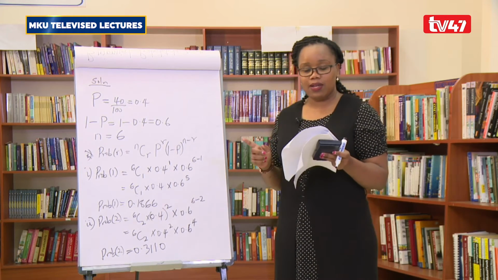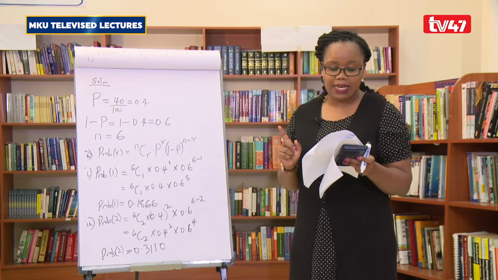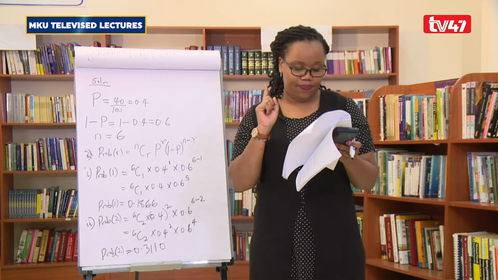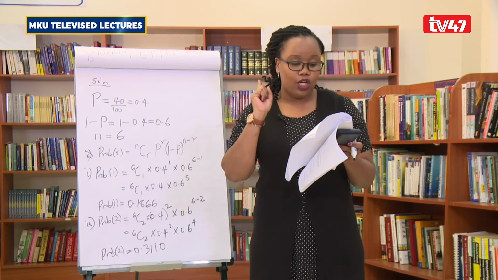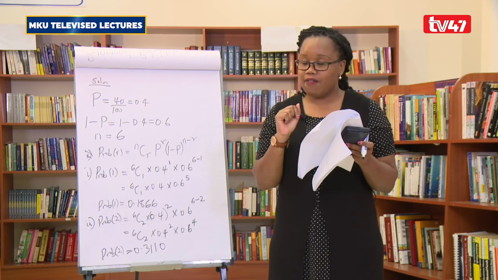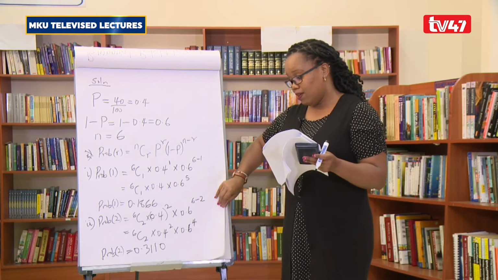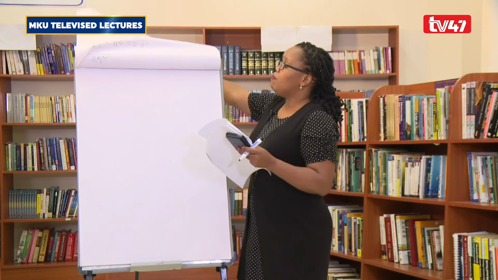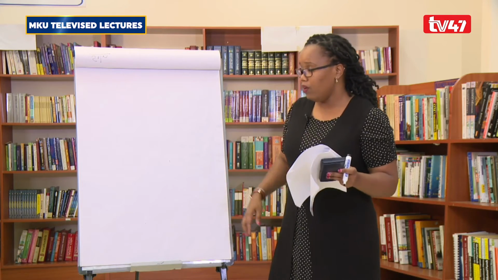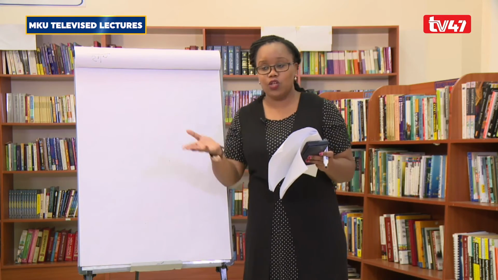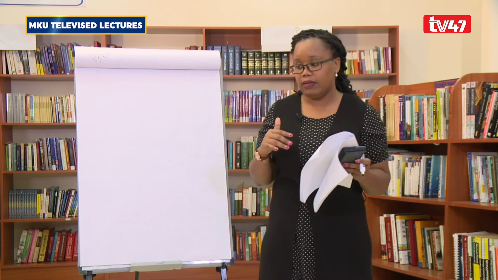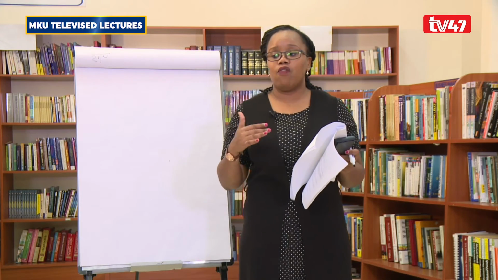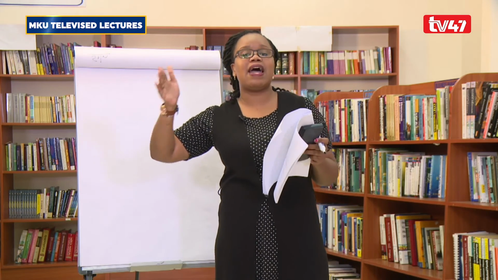We are told to find the probability of at most 2 having the disease. What does at most mean? Of course, this is an inequality, so you need to think inequalities here. When talking of at most 2, it means the highest number that you can consider is 2.